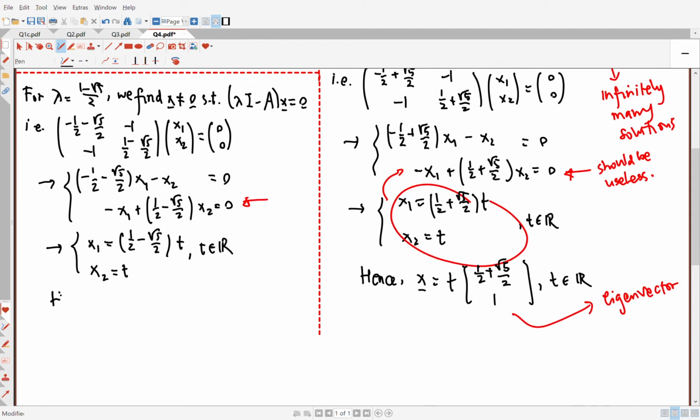Hence, my x is t times (half minus square root 5 over 2, and 1). My t is just a real number, and we can use this as our eigenvector. Good.